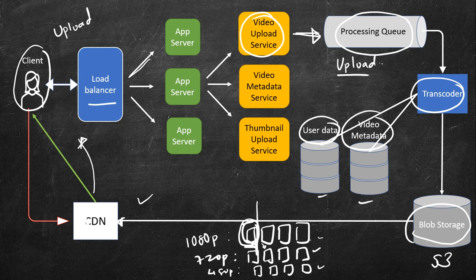This way CDN will only store the most popular videos, that is most frequently searched, and if some video is not searched for a long time, it can be removed from the CDN. So it's acting like a cache here.